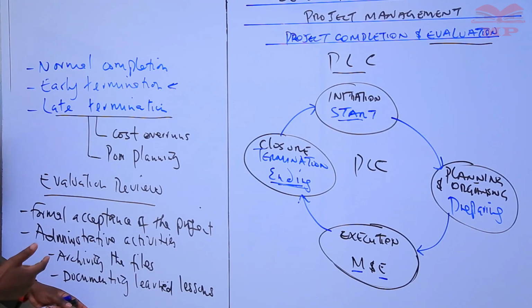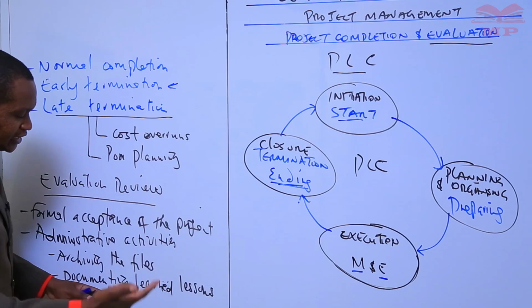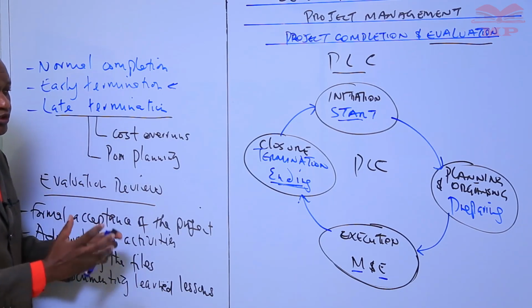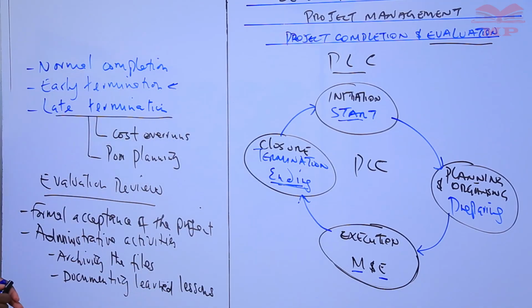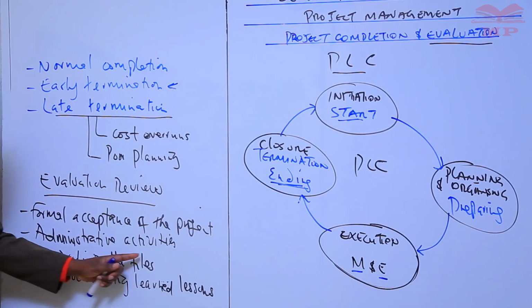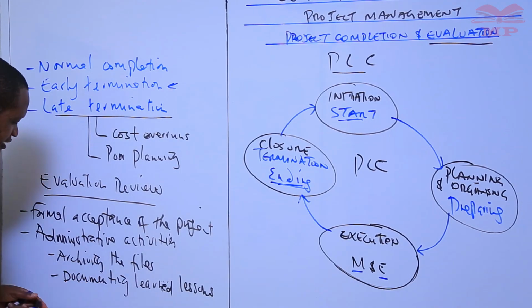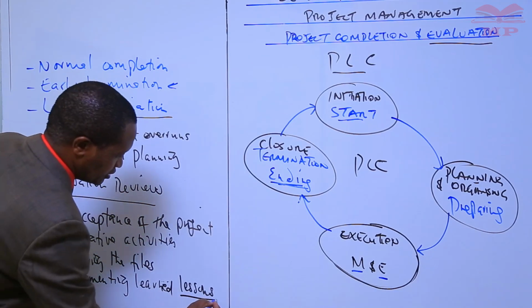Because a project can either succeed or fail. Where there is failure, you don't punish, but you use it as a lesson so that the mistakes that are made in this project are not repeated in the next project. So these are administrative activities that take place at the closure of the project. Archiving the files and documenting the learned lessons.